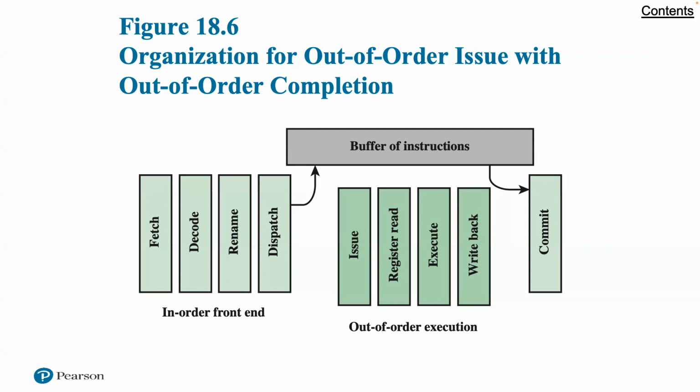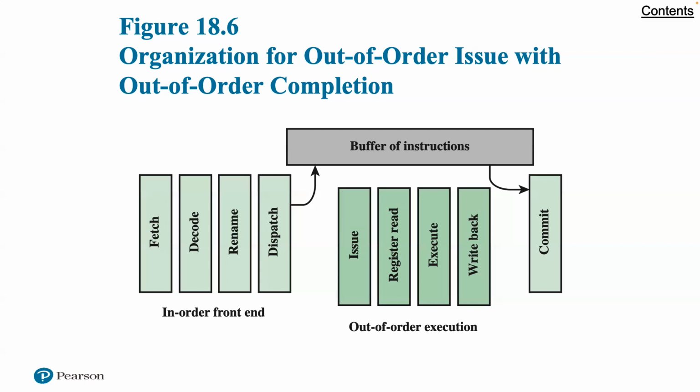The execute and write back stages and the end-to-end savings compared with 18.5b is one cycle. The instruction window is depicted in 18.5c to illustrate its role. However, this window is not an additional pipeline stage.